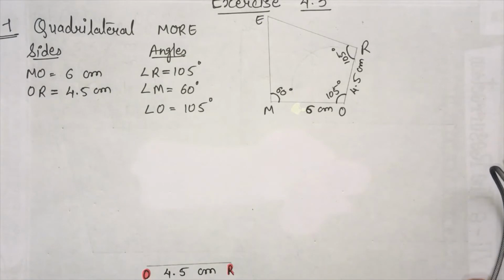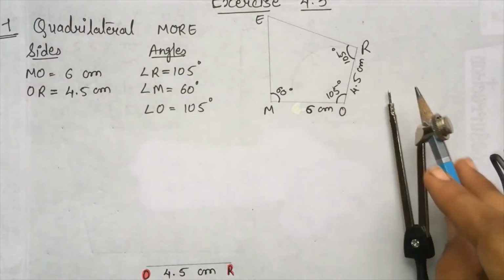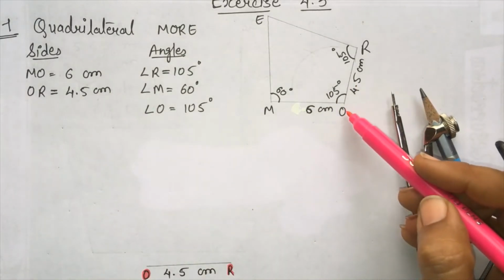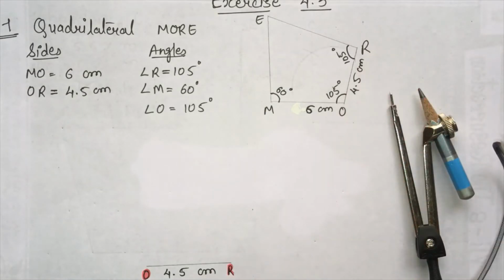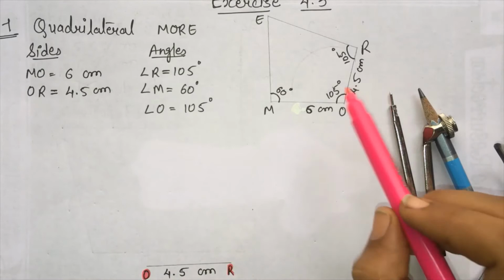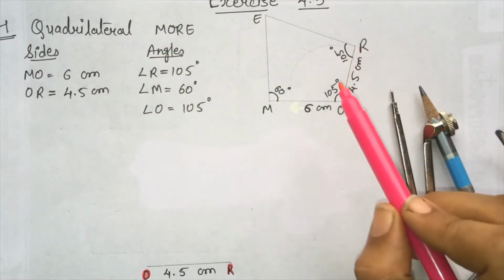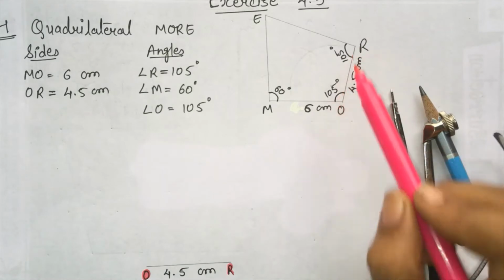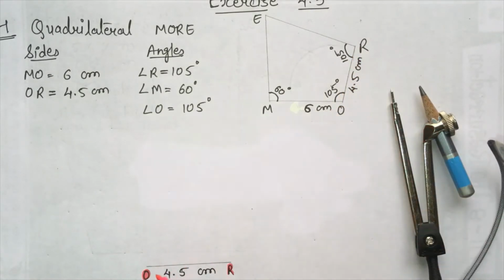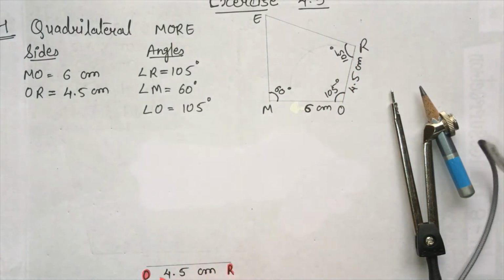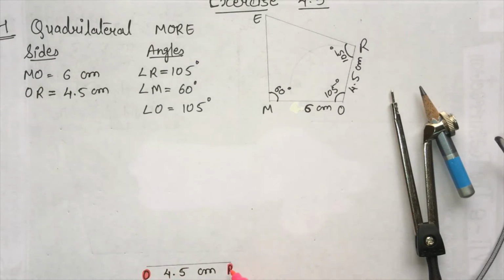So now here in rough diagram you can see OR is over here, but we are starting with OR horizontally because we have to draw two angles of 105 degrees. So it will be easier for us if the line segment OR is this way horizontally.